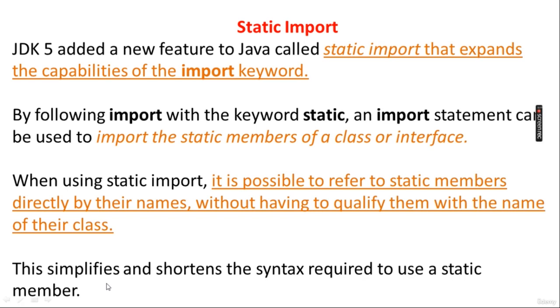When using a static import, it is possible to refer to static members directly by their names without having to qualify them with the name of their class. So if your import is static, then whatever static variables, like static int, static float, static double, static methods, anything, you can call it directly without using the class name. This simplifies and shortens the syntax required to use a static member.